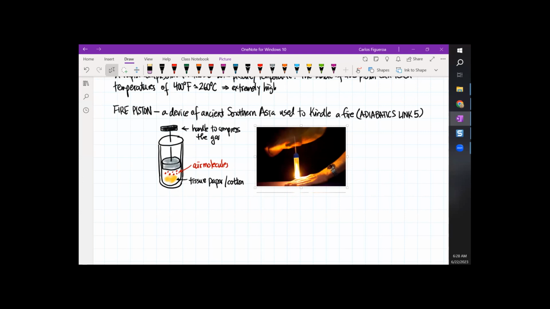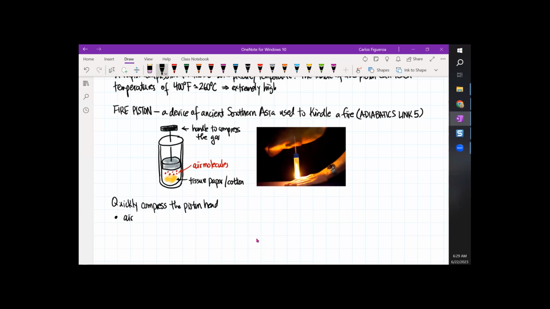So let's explain this process. If you quickly compress the piston head, of course, this is adiabatic, so that means no heat leaves the system. You have a series of steps here.